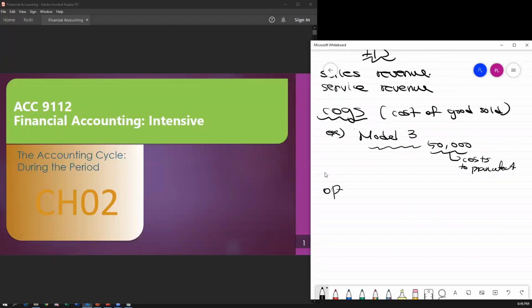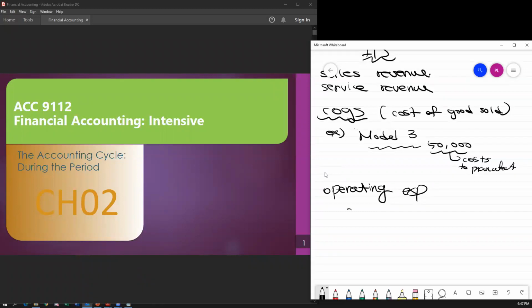What about operating expenses? Whenever we say operating expenses, we are referring to all the expenses related to operating a company. Let's say you're Tesla, there are going to be advertising expenses, and the incentives or commissions that you're paying to the sales reps.